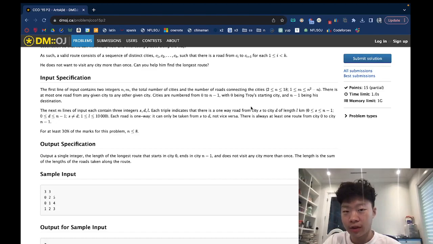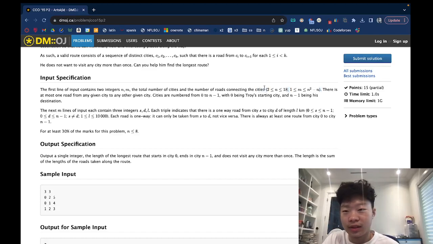That's finding the longest route. And I think it has been proven that the traveling salesman is NP hard, which means there's no answer in polynomial time. And you can see by the constraints that it's up to 18, right? So if it's NP hard, it's 18.